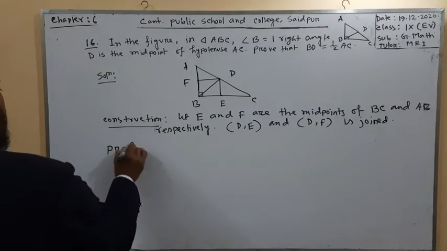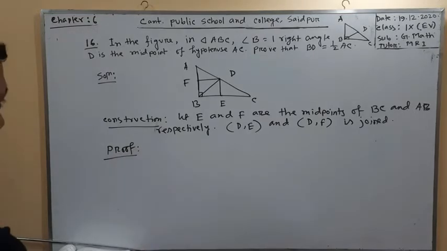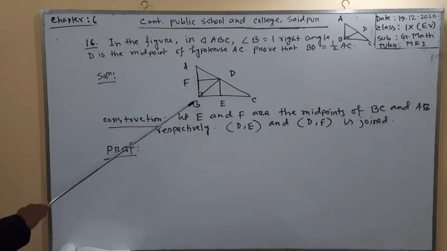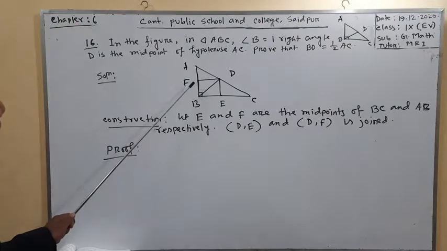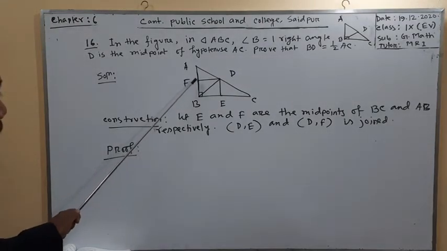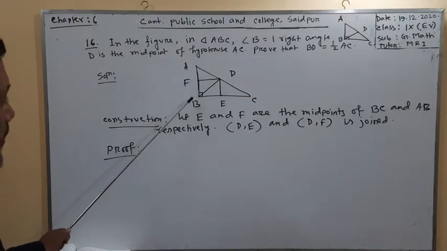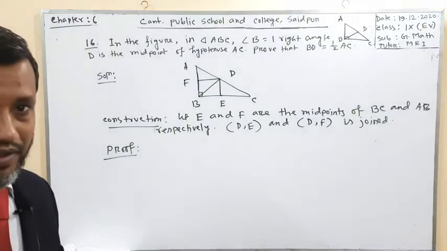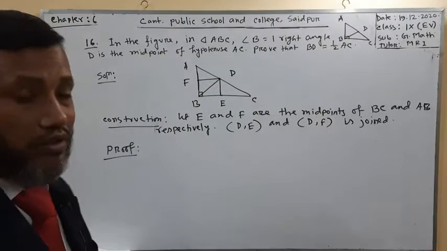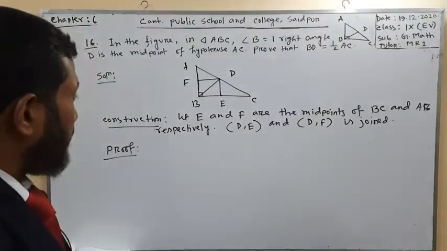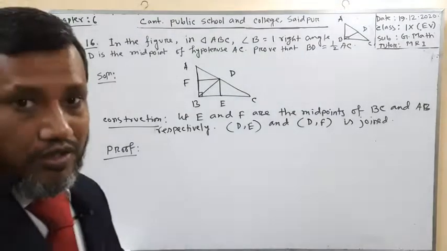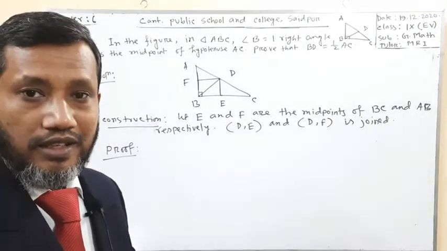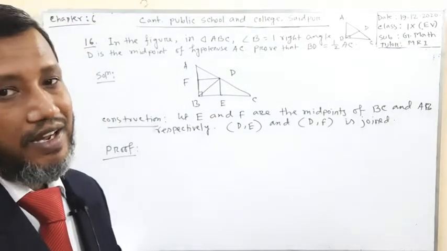Proof: since F is the midpoint of AB and D is the midpoint of AC, the line segment joining the points F and D, that is FD, will be parallel to BC, because we know according to theorem 15, the line segment joining the midpoints of any two sides of a triangle is parallel to the third side, and in length it is half.